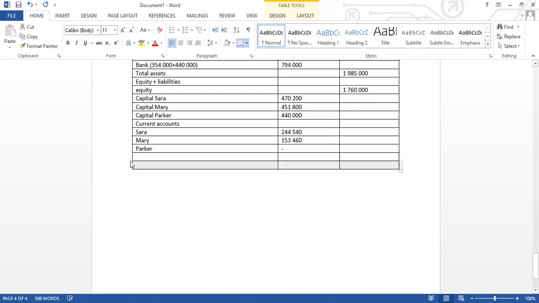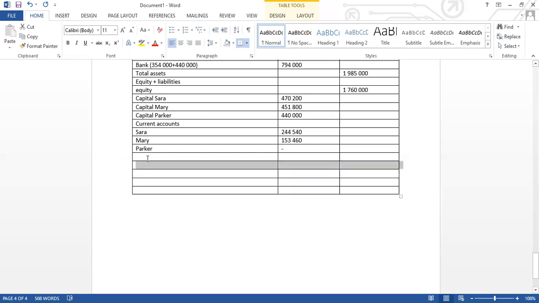We move on to liabilities. We start off with our long-term liability, or non-current liability, whatever word you use.